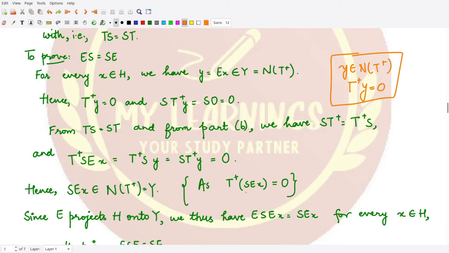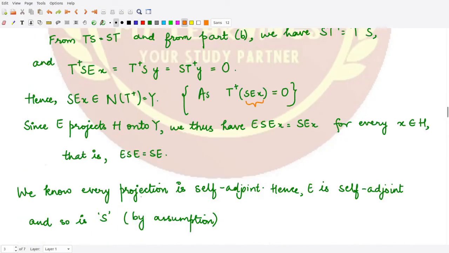It implies that whatever is inside of T positive, that belongs to the null space of T positive operator, which is nothing but the Y space, right? So this S E x now belongs to the null space of T positive, right?